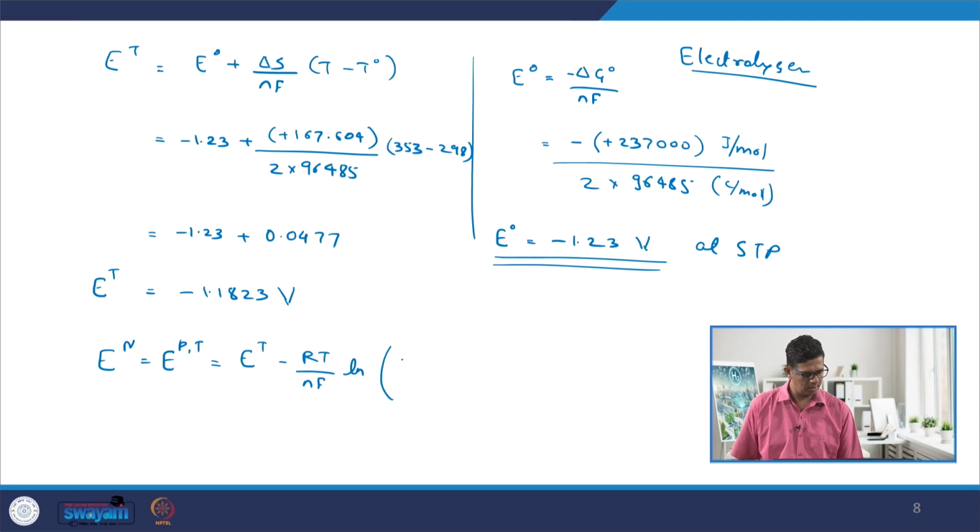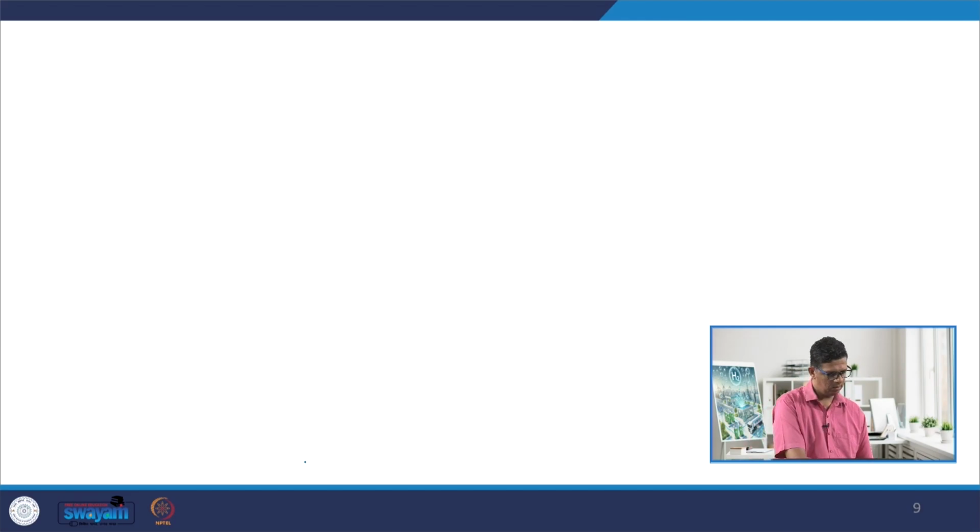So, products are the activity of hydrogen times activity of oxygen divided by activity of reactants, that is water. So, we have written this expression again. This should be raised to half, and so let us go ahead.